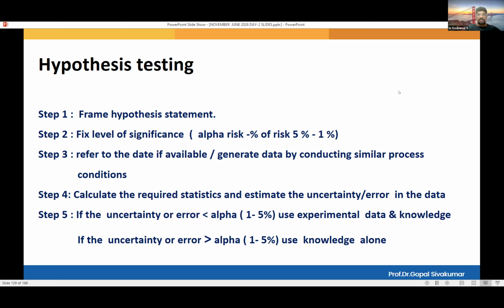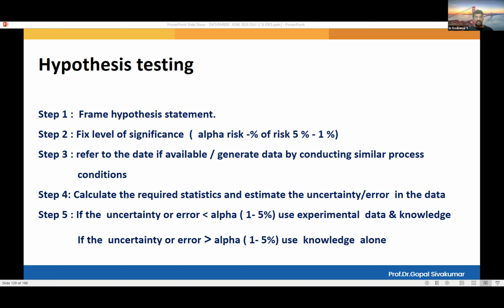Anybody having questions, doubts? Okay. So now we have calculated the alpha value. Now, if the error is less than 5%, you have to use the data and your process knowledge to confirm that the claim is true. Guys, let me repeat it.